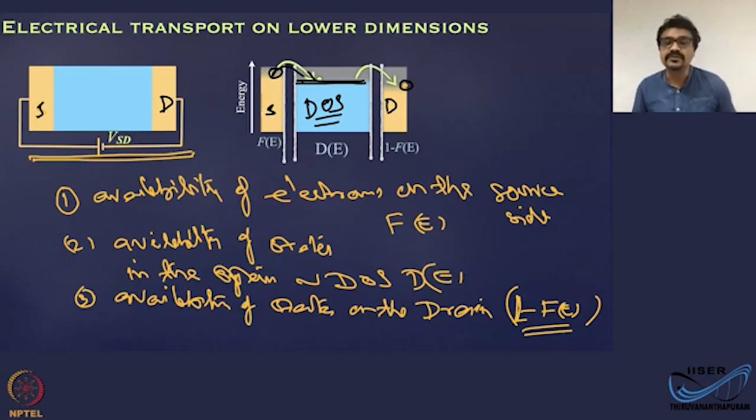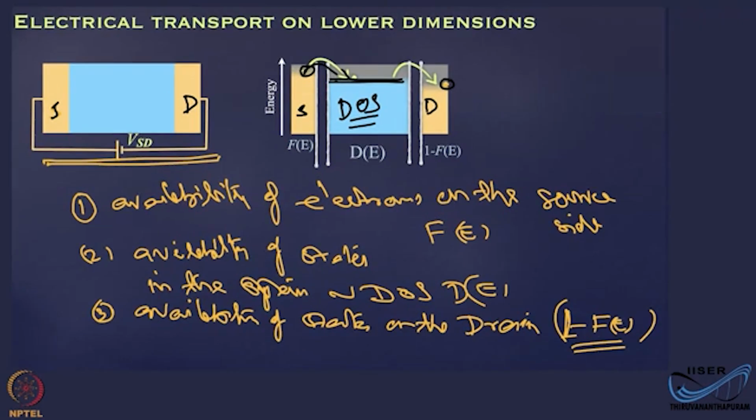So these three things need to be satisfied. This is the states available on the drain side, the number of states available in the system, and the electrons or charge carriers available on the source side. And another thing, it's not a small thing, it's actually a very crucial thing, which we have not discussed, is the behavior of this interface.